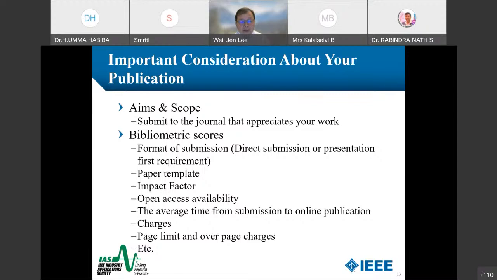They also have a paper template, so it's very important to follow it. And from the research world's point of view, we also like to look at the impact factor. If you consider your paper very high quality, then submit to a journal with a higher impact factor, because normally you will attract a larger audience.